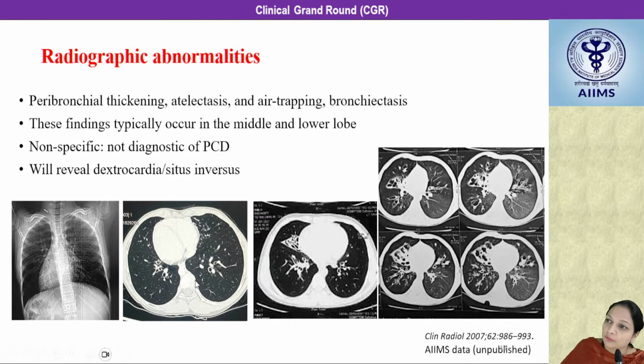CT scans are more sensitive, and here we can see that the airway is dilated more than the vessels, and there is mild bronchiectasis with peribronchial thickening in this CT scan. In the further CT scans, we can see there is overt bronchiectasis, and these findings are typically more in the middle lobe and the lower lobe. And this is frank bronchiectasis in advanced disease. However, all these findings again are not specific for PCD.